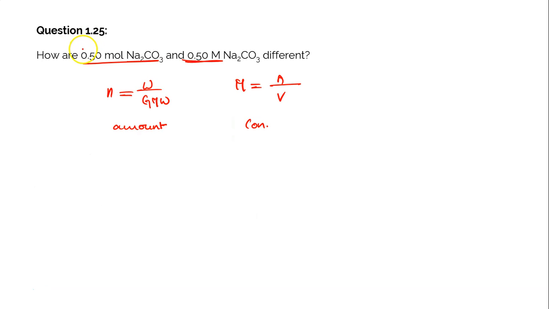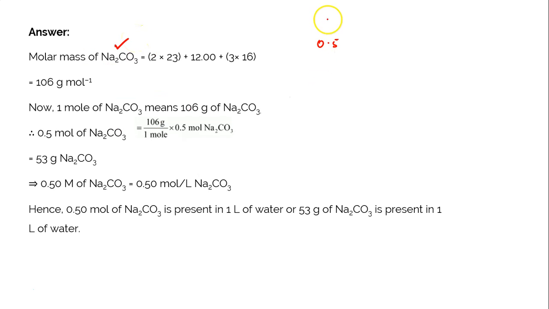In the question they are talking about 0.5 moles, right? So 1 mole is 106 grams. 0.5 moles will be how much? Cross multiply 0.5 into 106 divided by 1, which will be equal to 53 grams of sodium carbonate. When I say 0.5 moles of sodium carbonate, I'm talking about 53 grams of sodium carbonate. Fine. This is the first part.